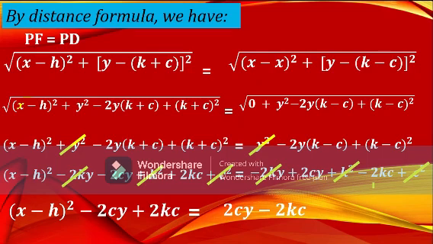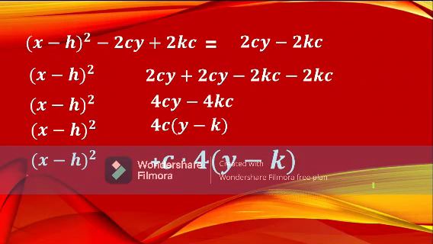Okay, let's continue. So we have it here. Again, that's (x minus h) quantity squared minus 2cy plus 2kc is equal to 2cy minus 2kc. So the quantity (x minus h) squared is equal to, we're going to transpose negative 2cy and plus 2cy on the other side of the equation.